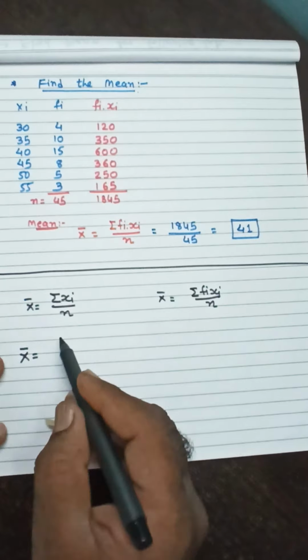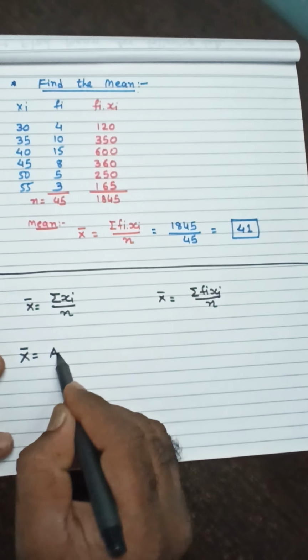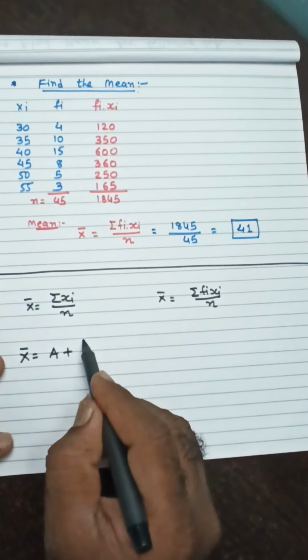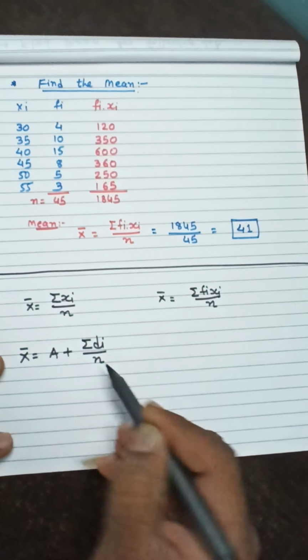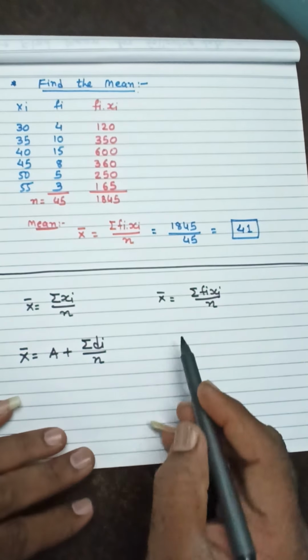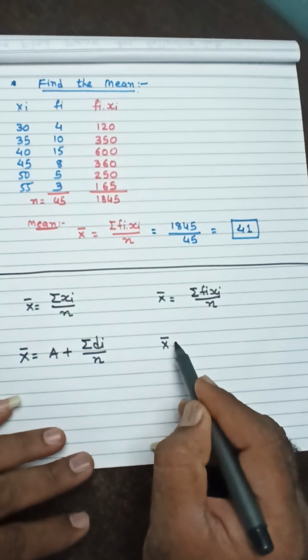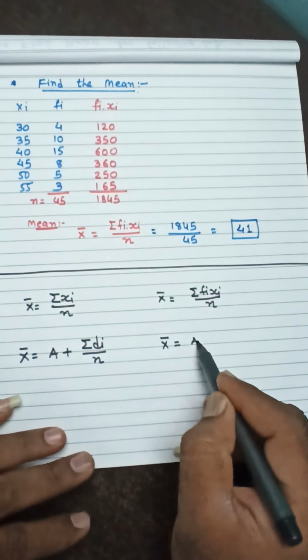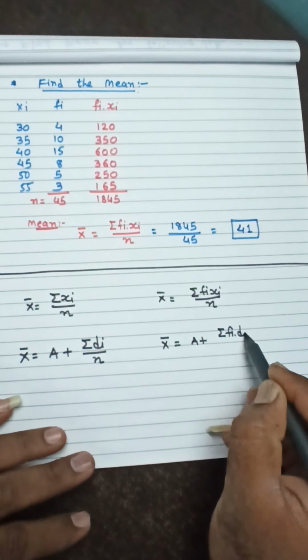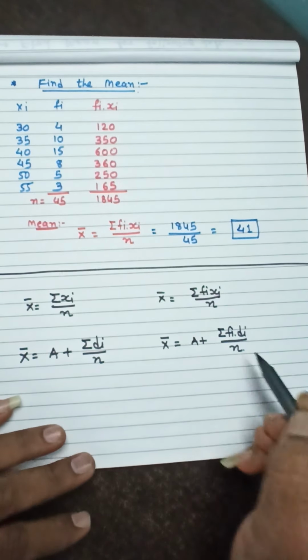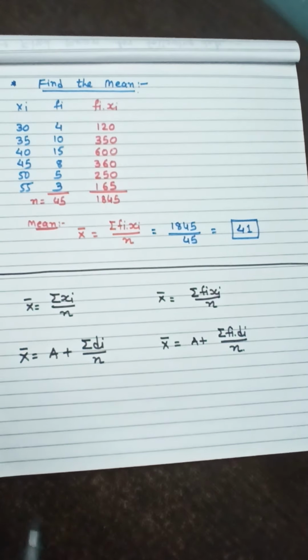x bar is equal to a plus sigma di upon n, and when frequencies are given, a plus sigma of fi into di upon n. Now what is a?